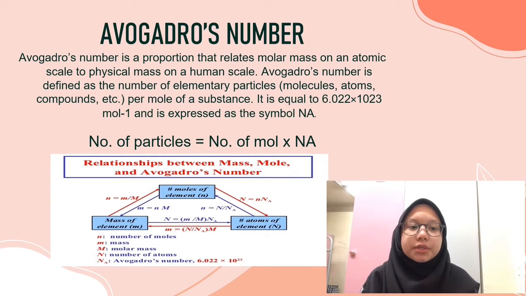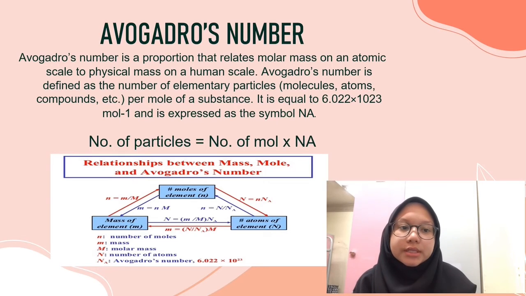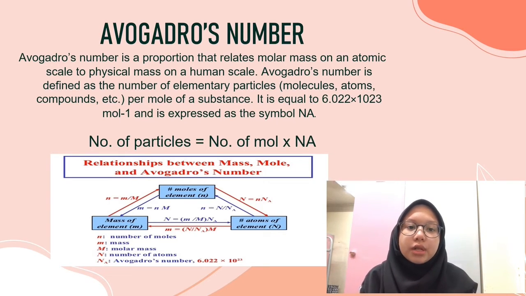Next is Avogadro's number. Avogadro's number is a proportion that relates molar mass on an atomic scale to physical mass on a human scale. It is defined as the number of elementary particles, which are molecules, atoms, compounds, and so on, per mole of a substance.